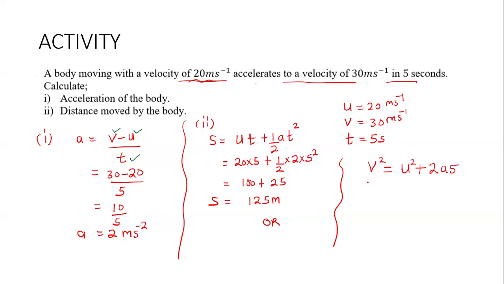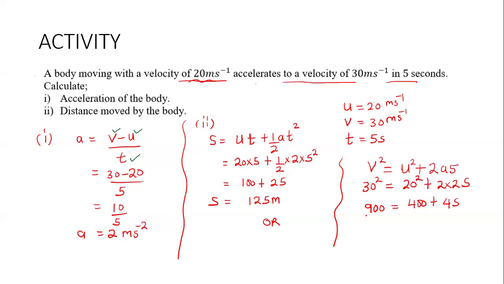So our final was 30 squared plus 20 squared plus 2, our acceleration was 2 also. Then S we don't know. So that is 90. Sure? Is it 90? Oh, 900, sorry. 900. 400 plus 4.